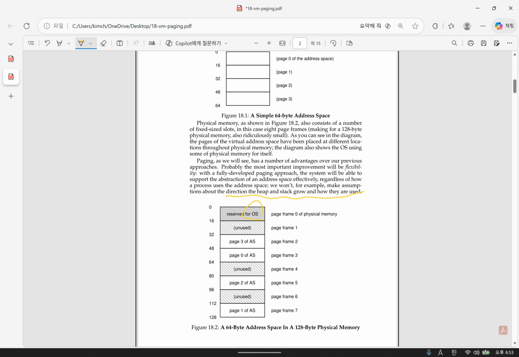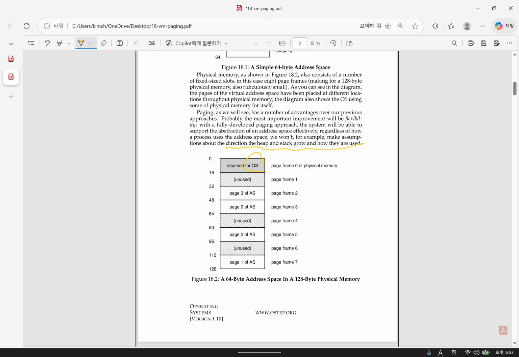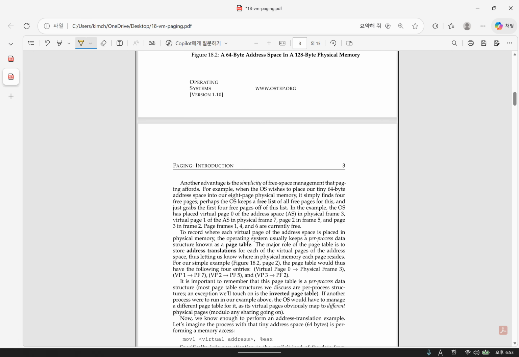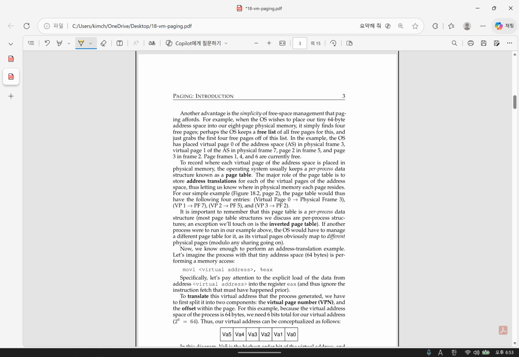But now that kind of thing doesn't really matter, because that's not the idea. The idea is we just divide the virtual memory and use it.